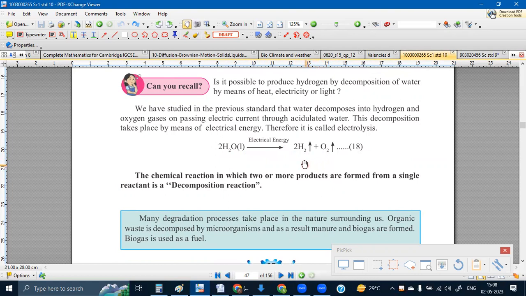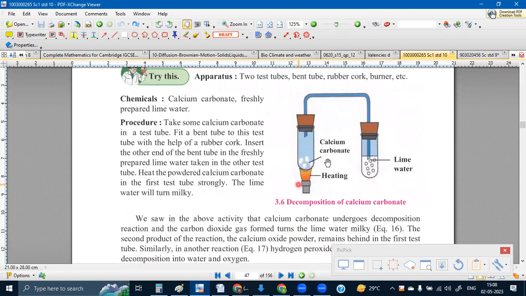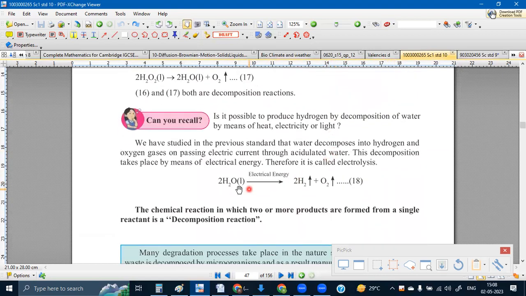We will see both of those reactions, and I will send you the link for both of this. That is, this lime water turning milky, as well as electrolysis of water producing hydrogen and oxygen. We'll see both of these experiments, and I'm going to send you the link, which you can also see again.